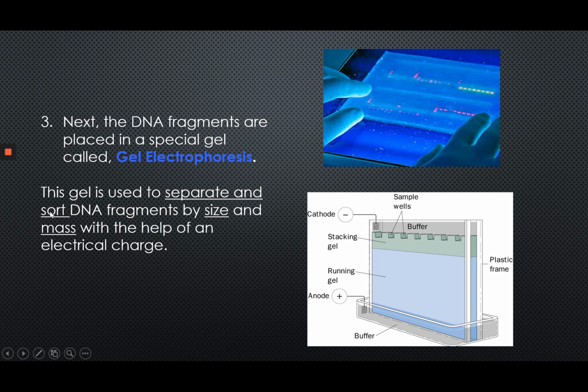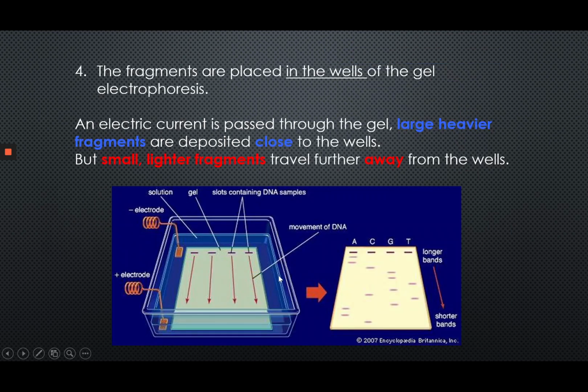By doing this, you separate all your fragments according to size and mass, so that the heavier ones are likely to be closer to the wells, and the lighter ones, because they're so light, can travel further away from the wells. You'll see this in this diagram here.